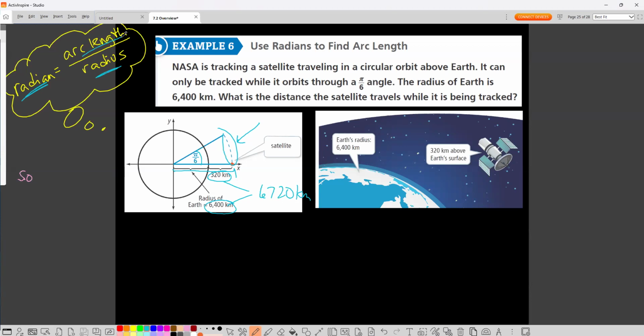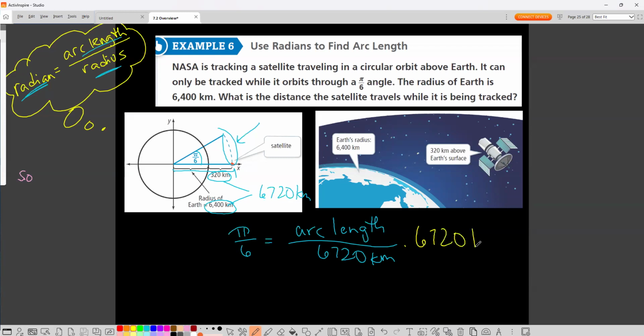So if the radian is pi over 6 equals the arc length over the radius, 6720 kilometers, and I want to solve for the arc length, we'll just multiply by the 6720. If I do that, it'll simplify there. 6720 kilometers, divide that by the 6.